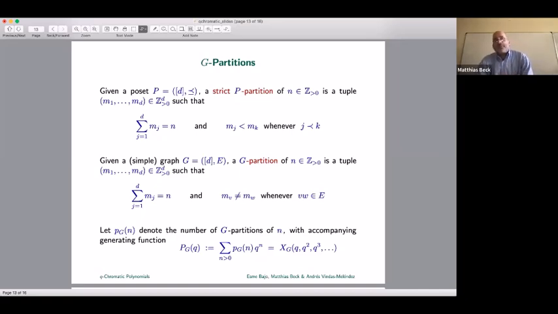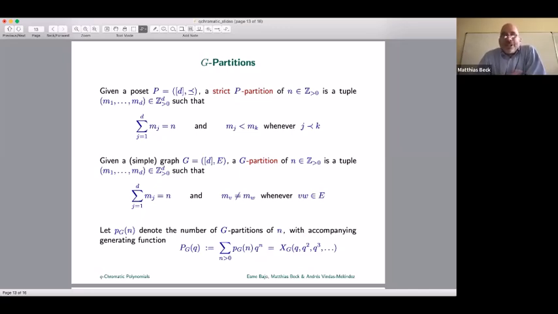Because what are we doing in the world of graphs? Well, we can do the same concept and just say we want the entries of the d-tuple, where d is the number of vertices in my graph, to be different if they correspond to an edge. It's not a big deal.